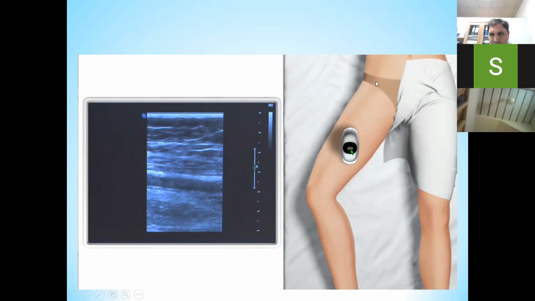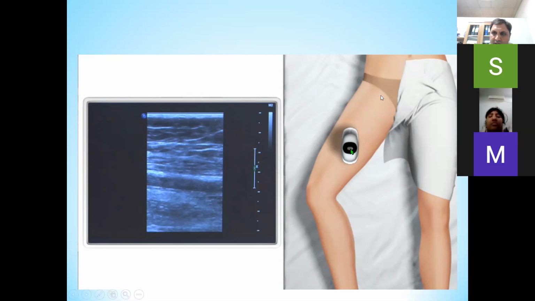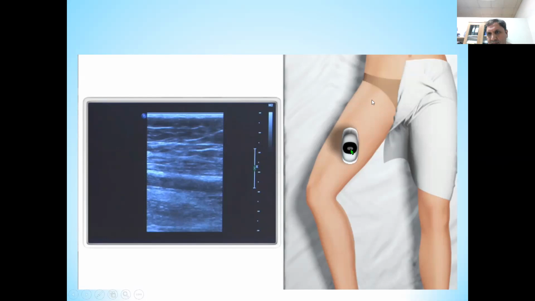The leg under examination should be thoroughly exposed, with no handling cloths or anything else. This way you will start the examination from the inguinal crease.